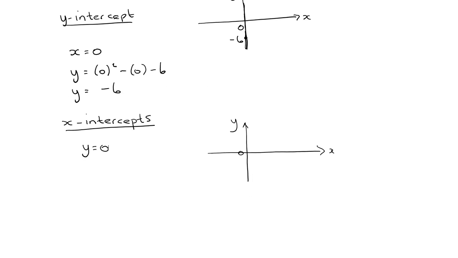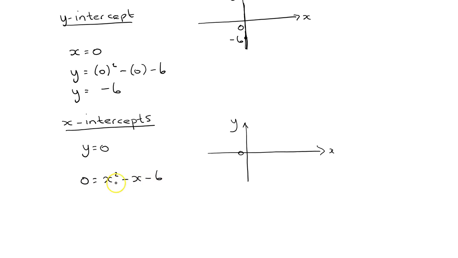So we now substitute y equals 0 into our equation, and we get 0 equals x squared minus x minus 6. This is now similar to solving a quadratic equation. We can use either the factor method, completing the square, or the quadratic formula in order to solve it and find the values of x that satisfy this equation.